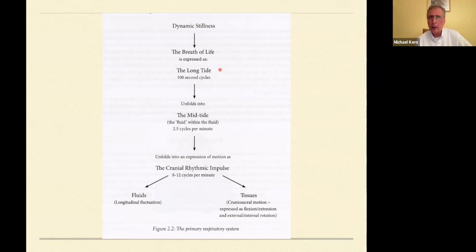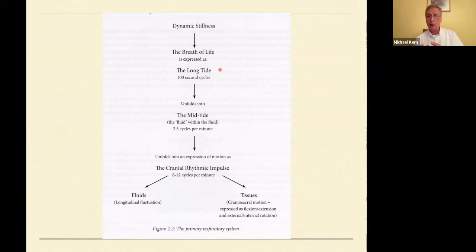How do we know this? Well, let's say we don't know it. It's a kind of conclusion that we come to, because what we notice is that as the long tide becomes restored, if you're in a session and you start to reconnect to the long tide, to this deep, slow movement, the experience is that the areas of dysfunction or dysregulation start to come back into their original pattern of health.